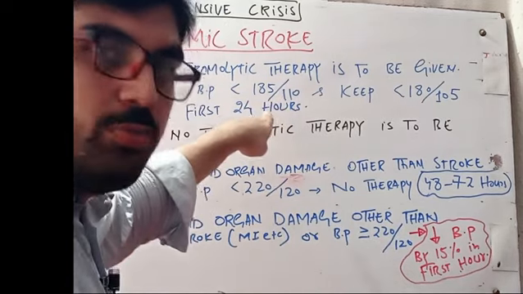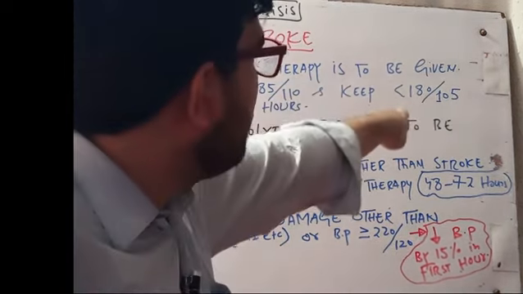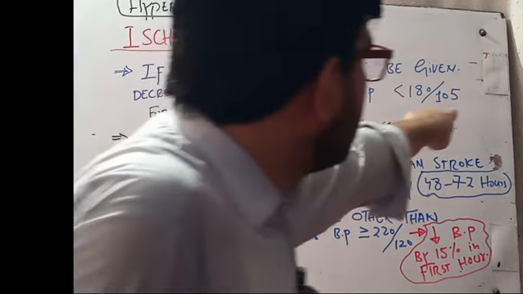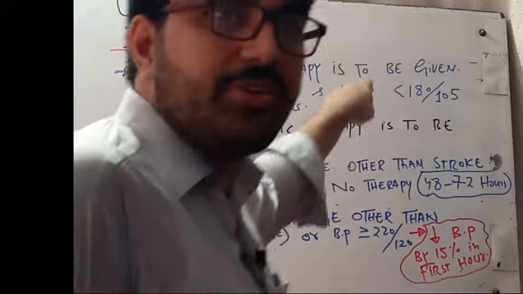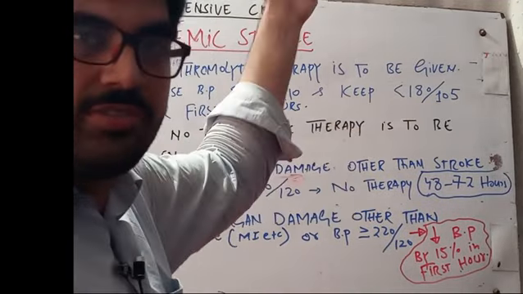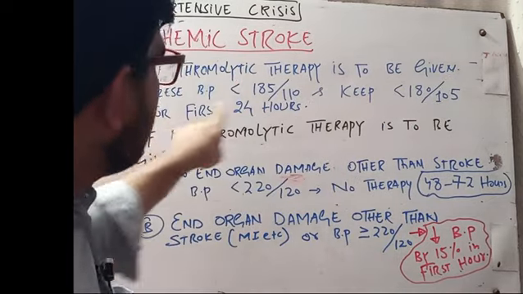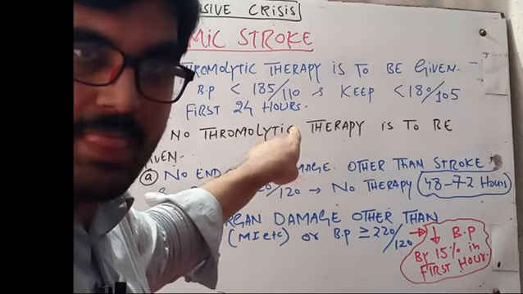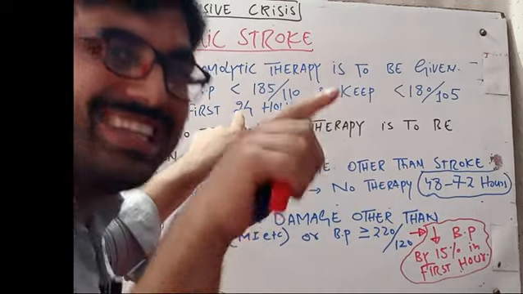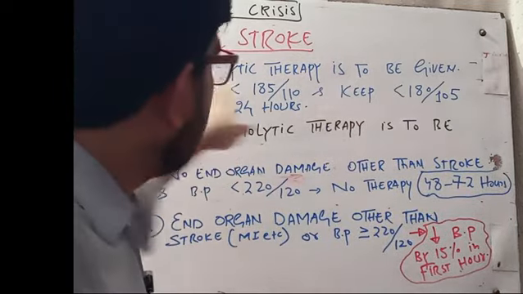And when you give thrombolytics, keep the BP less than 180 by 105. Why? Because there is a risk of hemorrhagic transformation if the BP is more than 180 by 105 after thrombolytics for the first 24 hours. After 24 hours, the risk of hemorrhagic transformation is decreased.